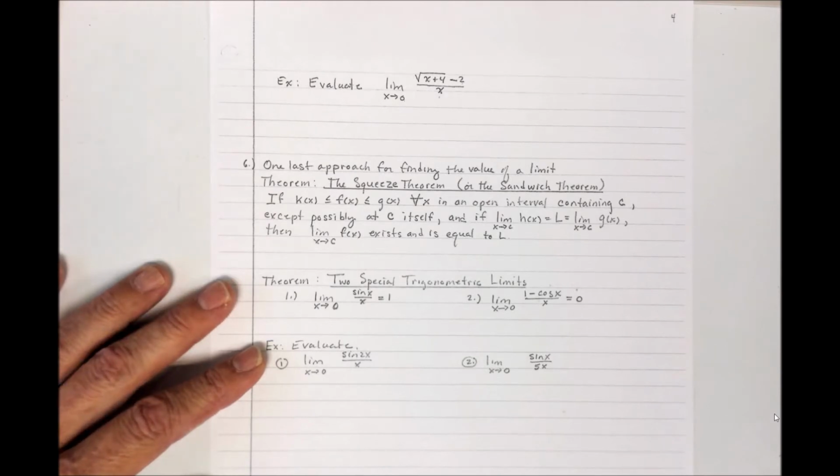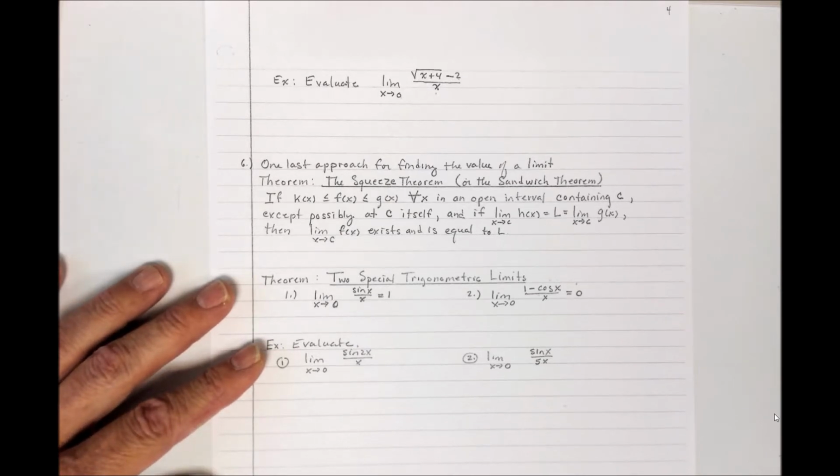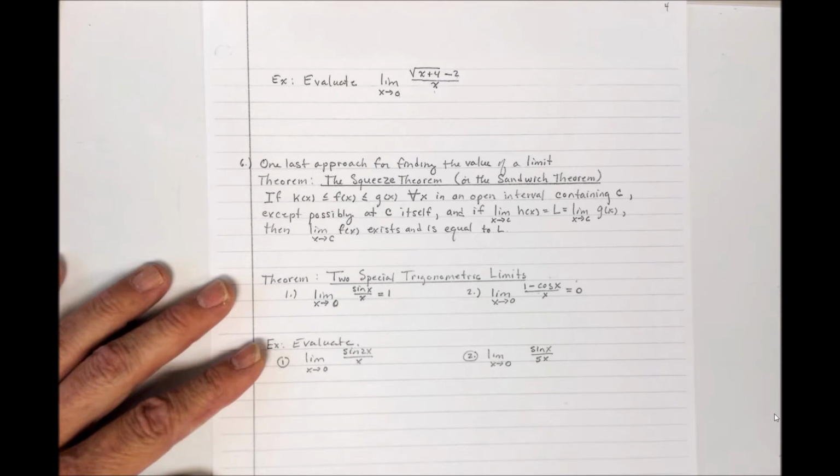So what I'm going to do instead here is try to do some kind of algebra trick so that maybe I can get a function that agrees at every value of x except at 0. And the only trick that I can think of here is to multiply the numerator and the denominator by the conjugate of the numerator, the radical conjugate.